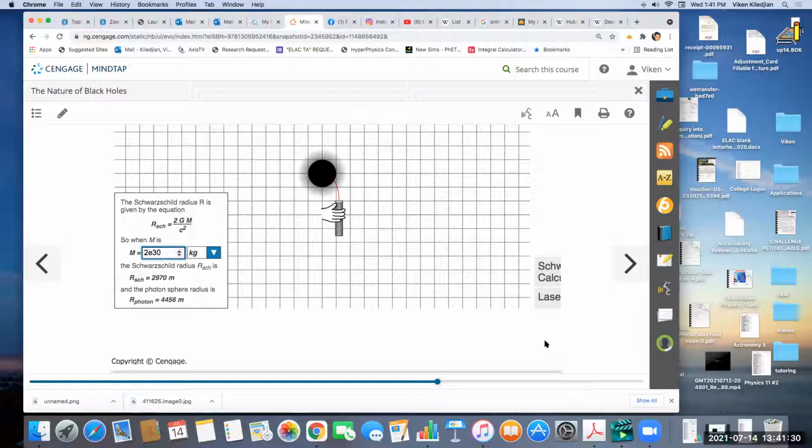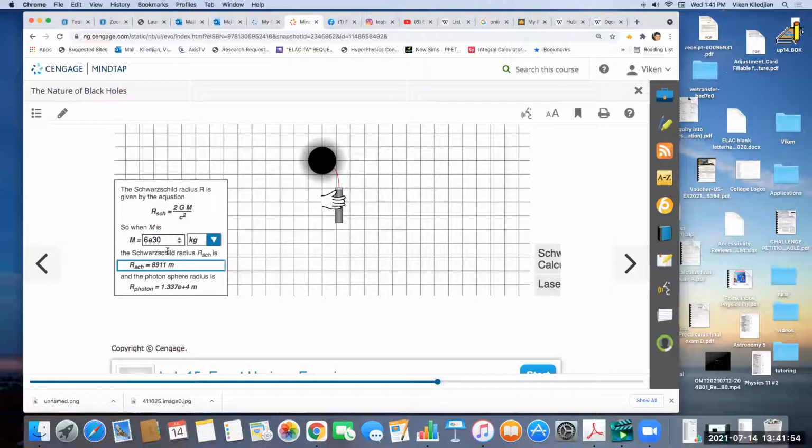But when its core is 3 times the mass of the sun, then that core will collapse. So you see here, the core is about 6 e to the 30 kilograms. That's the lightest mass black hole you can have. The core of the star has to be about 3 times the mass of the sun right there.